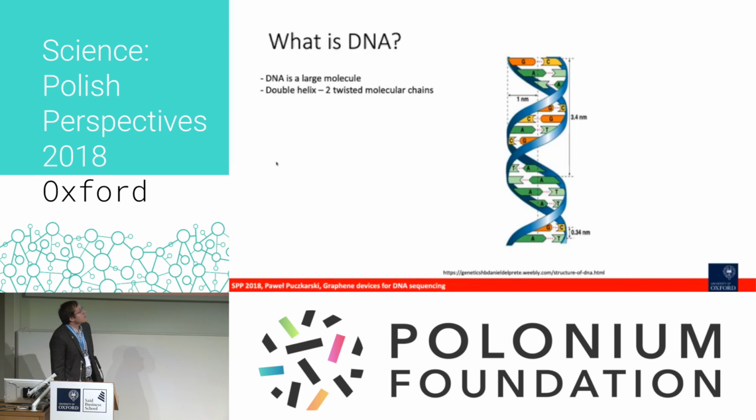And now before we start to think how to sequence DNA, let's look closer at the structure of DNA. For me, DNA is just a very large molecule that consists of two large strands or molecular chains.